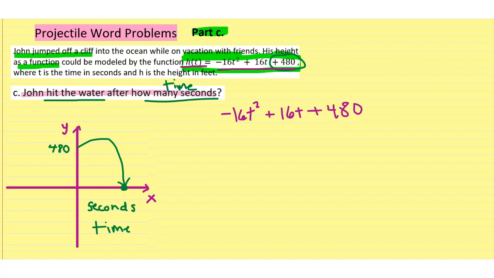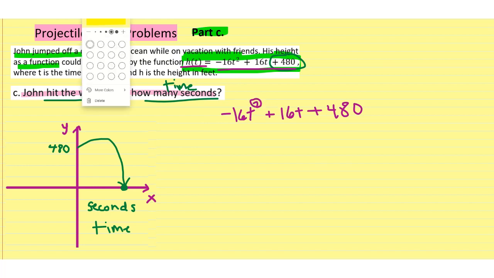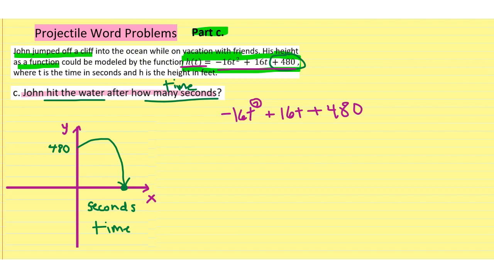This part right here, the squared part, indicates that we are definitely talking about a quadratic. The highest power on our variable is a 2, an exponent of 2, and that means we are talking about a quadratic.